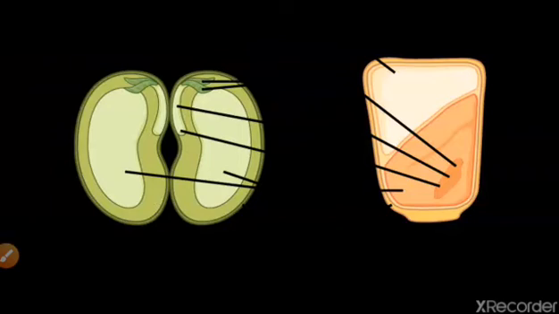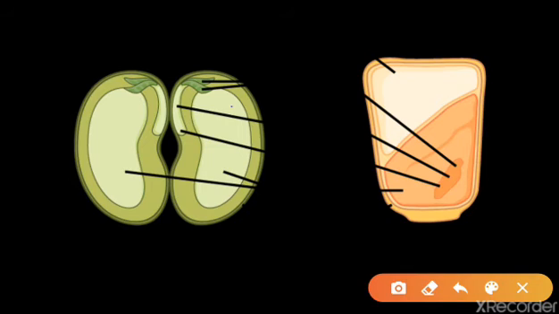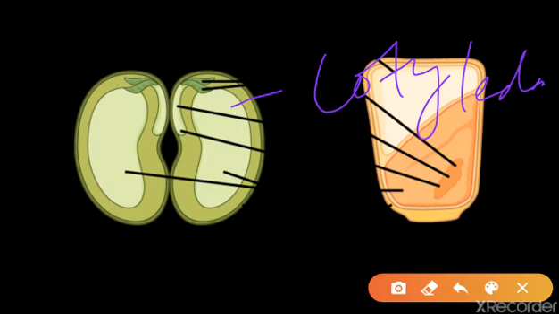Now what is this? A lot of plants produce a single seed, and a lot of plants produce a double seed. What is this double seed, what is this single seed? This part is known as the cotyledon.